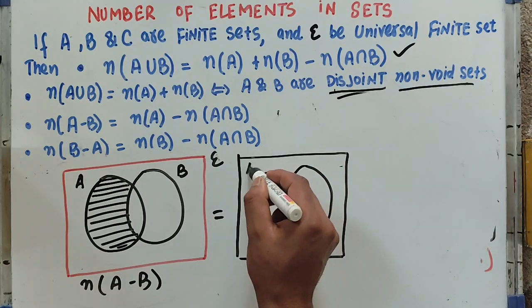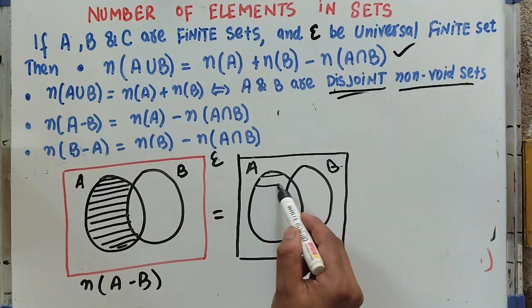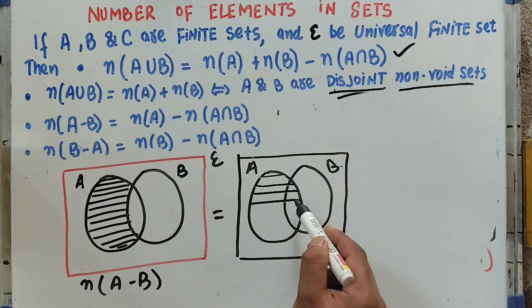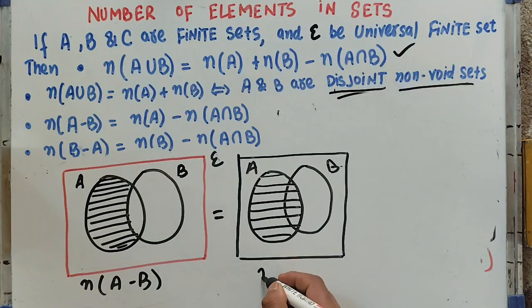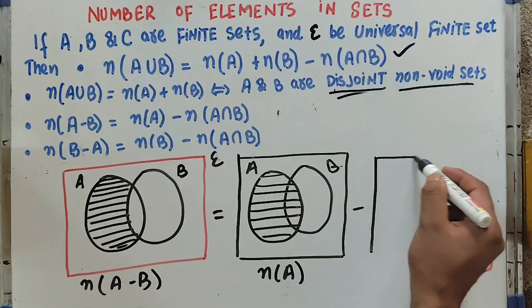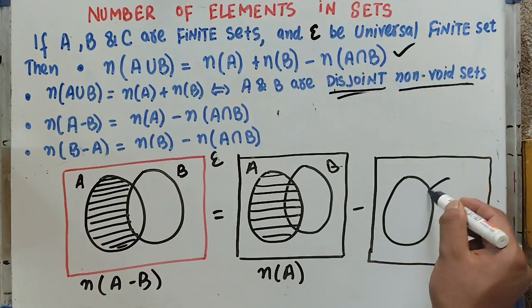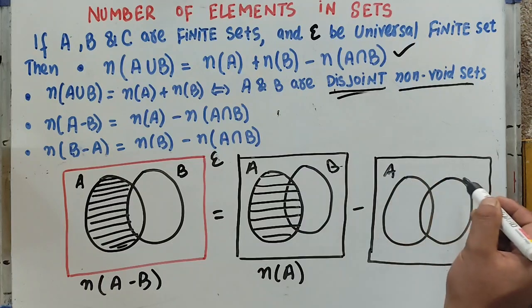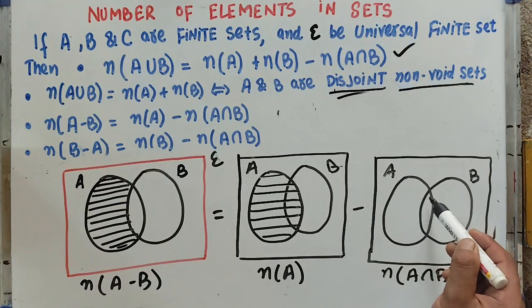So we have A, B. It will be equal to the number of elements in A minus the number of elements which are common to A and B, that is A intersection B. So A intersection B is this very region.